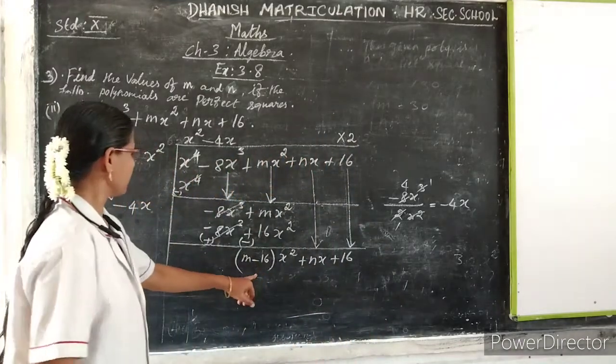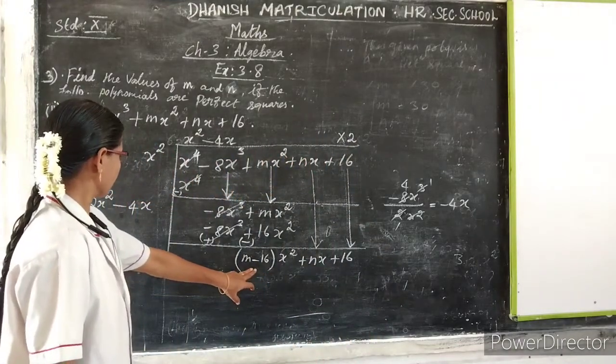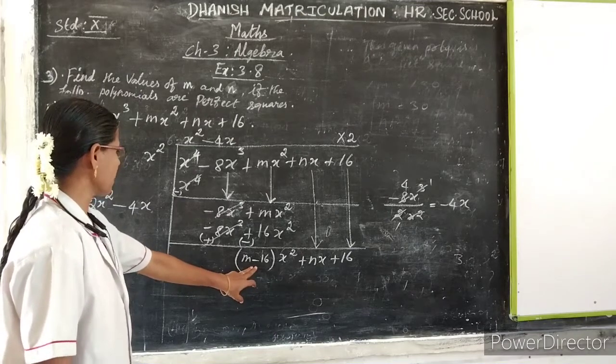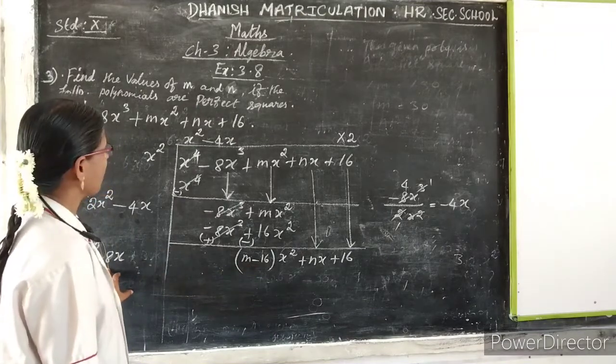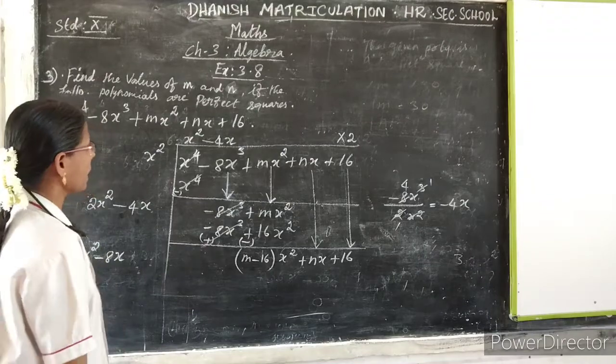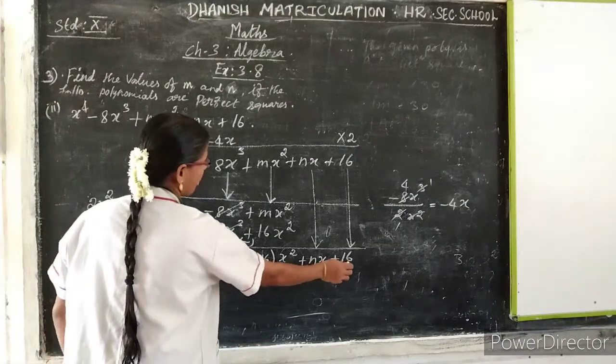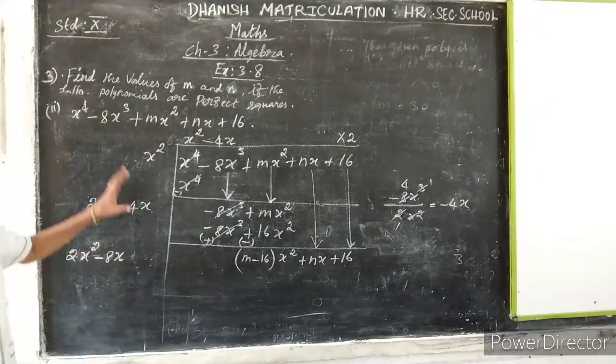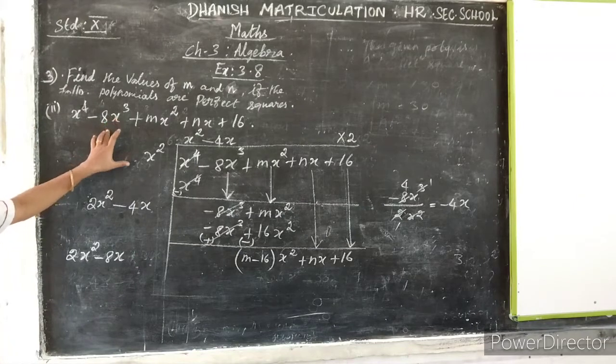So divide this first term by the last term, the last term from the given polynomial.